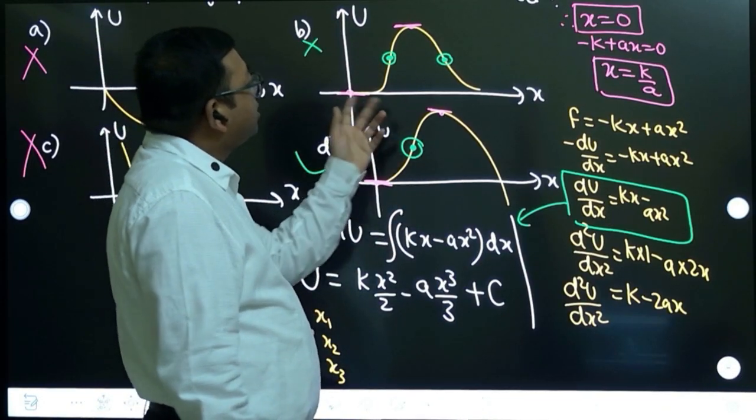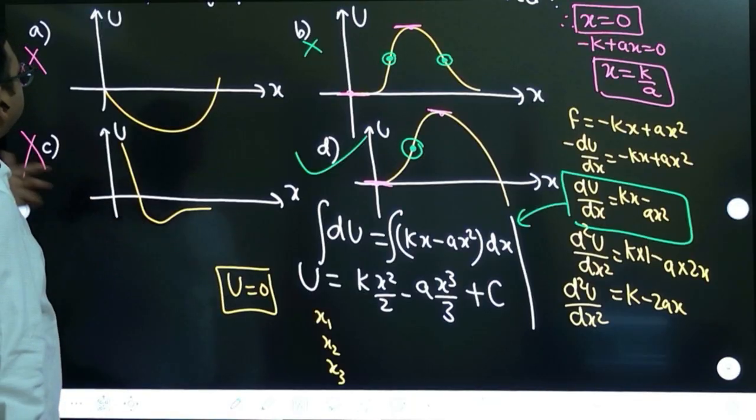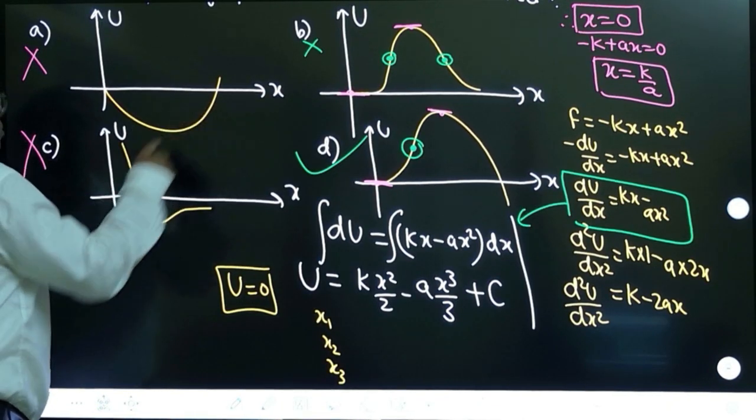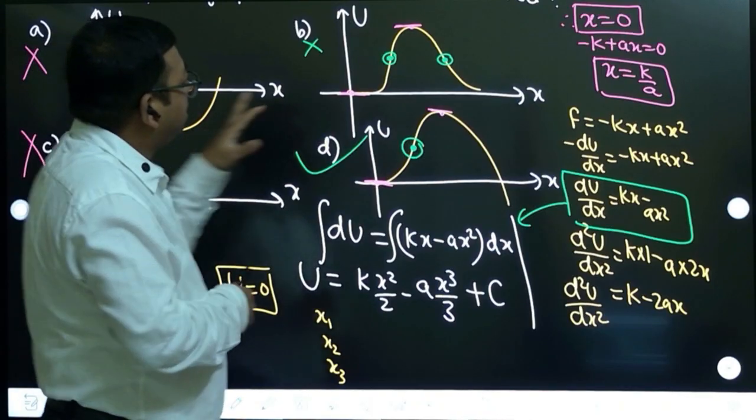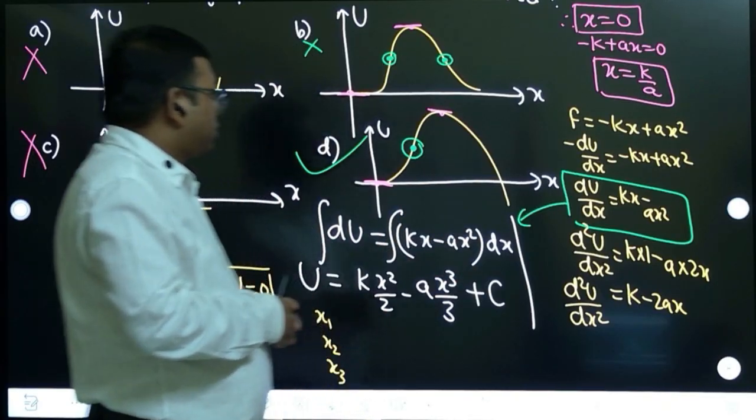None of the graphs is cutting the x-axis at 3 points, right? This is cutting 2 points. This is 1 point. Anyway, these two are rejected. These are also not cutting the graph at 3 points.